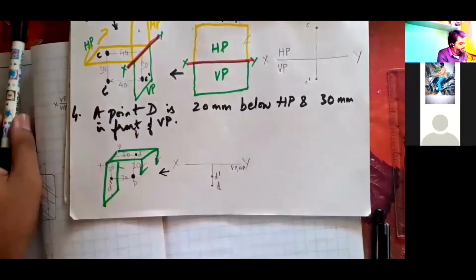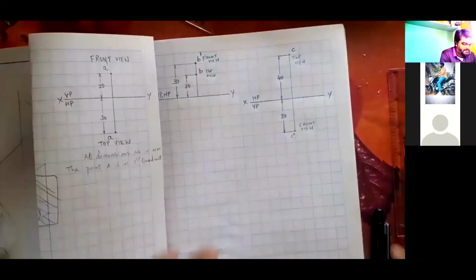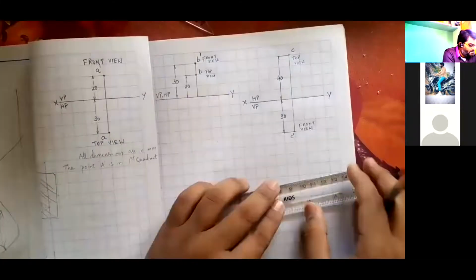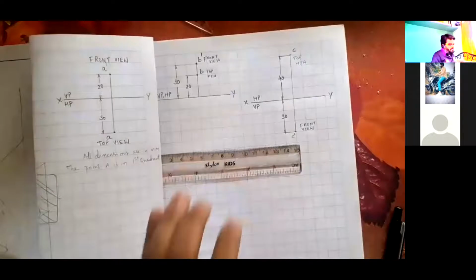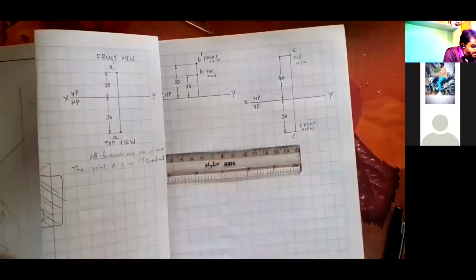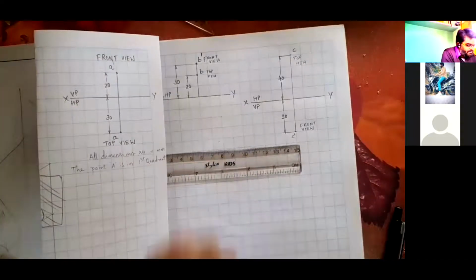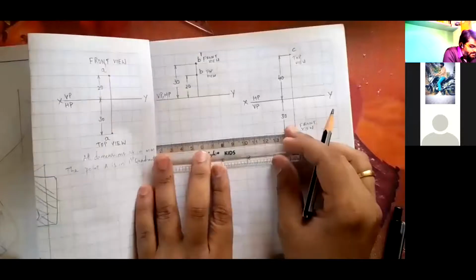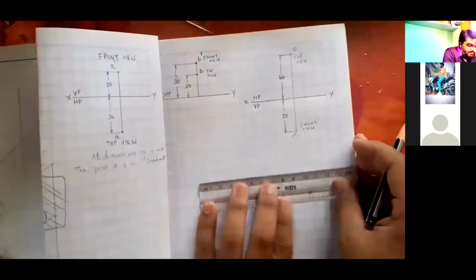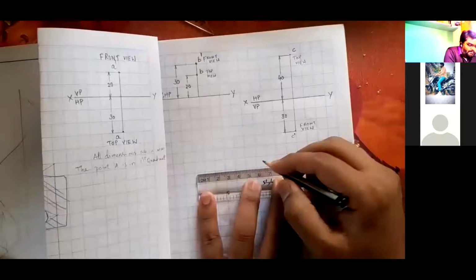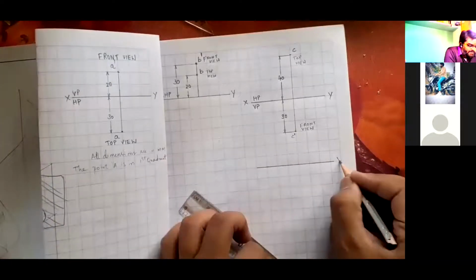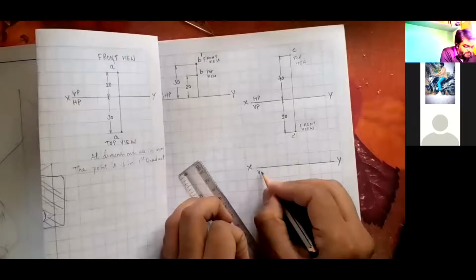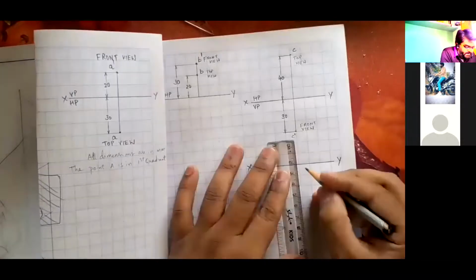So directly draw the fourth quadrant: XY, VP, HP, both below, 20 mm and 30 mm.